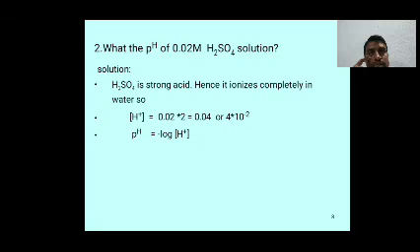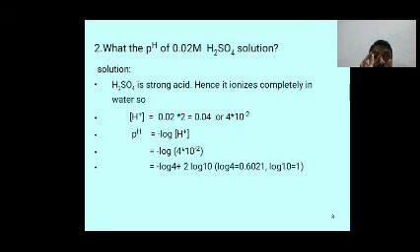pH is equal to how much? pH is equal to minus log of H+ ion concentration, minus log of 4 × 10^-2. Using the formula log(m × n) = log m + log n, minus of log 4 plus log 10^-2, therefore minus log 4 minus log 10^-2.